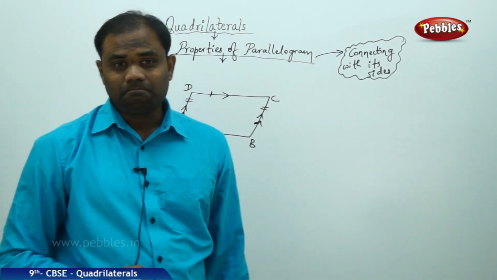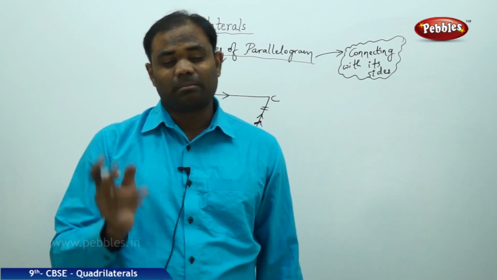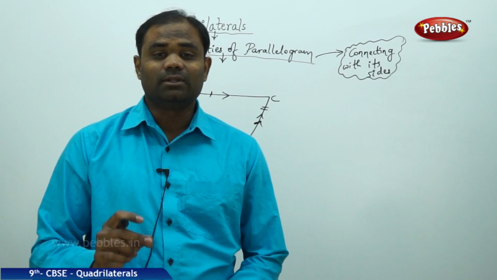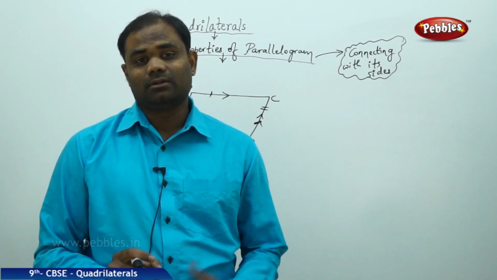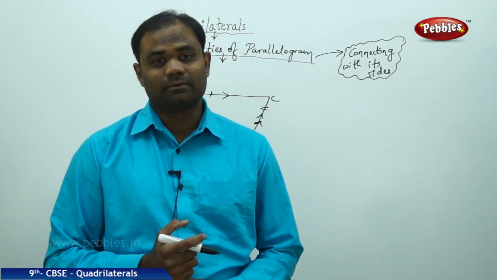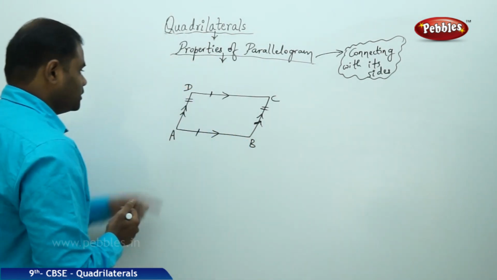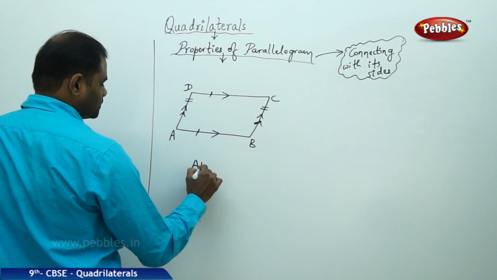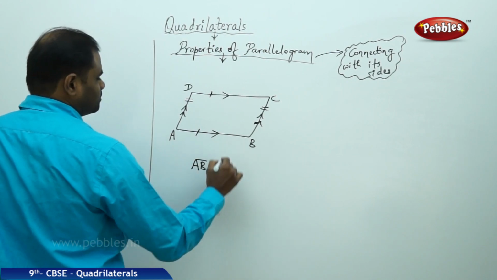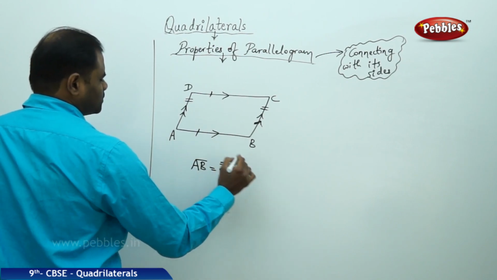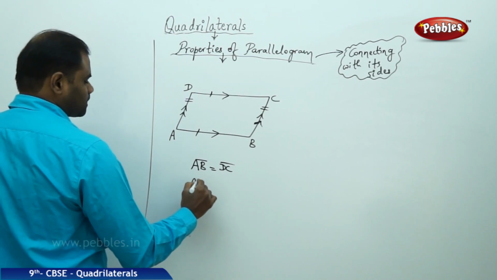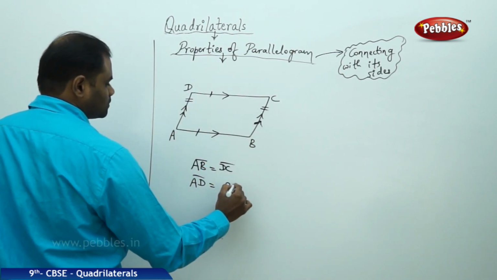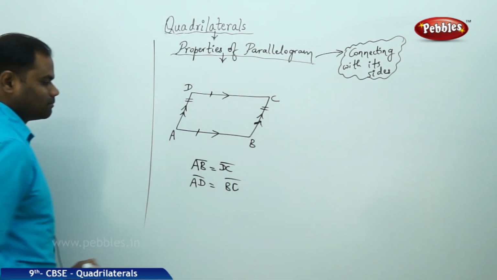That is, when the opposite pairs are parallel in a quadrilateral, their opposite sides are also equal. Therefore, with this property, I come to a conclusion that the opposite sides AB is equal to DC and AD equal to BC.